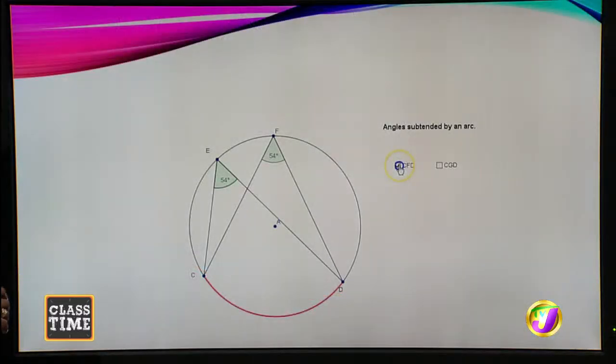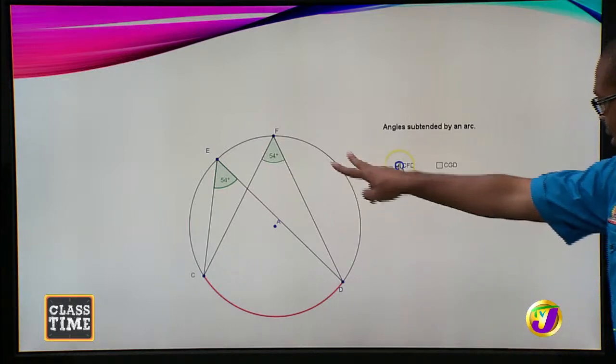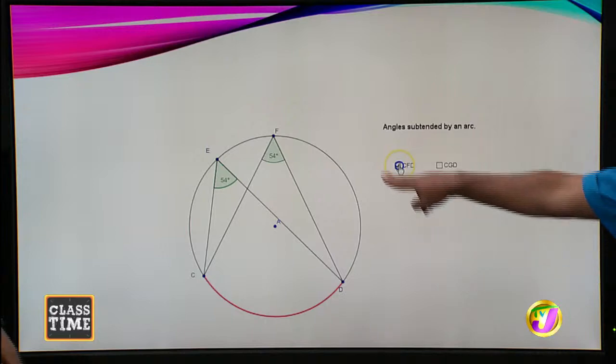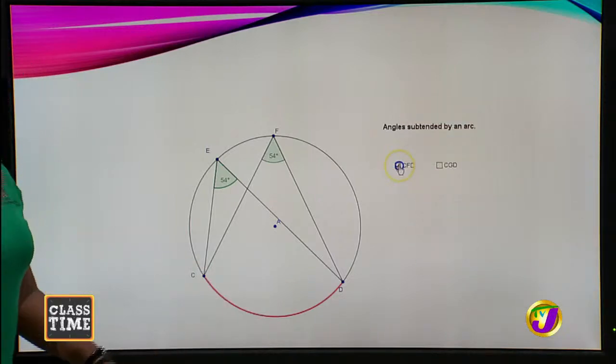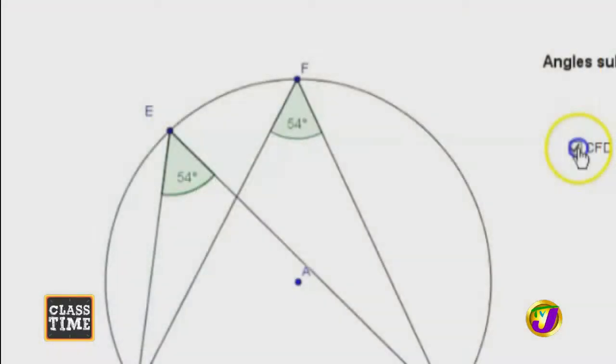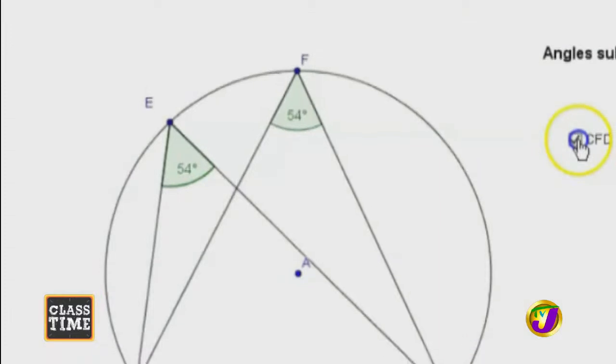I see angle E measuring 54 degrees and angle F measuring 54 degrees. I wonder why. They're subtended by the same arc, my favorite part of the circle.